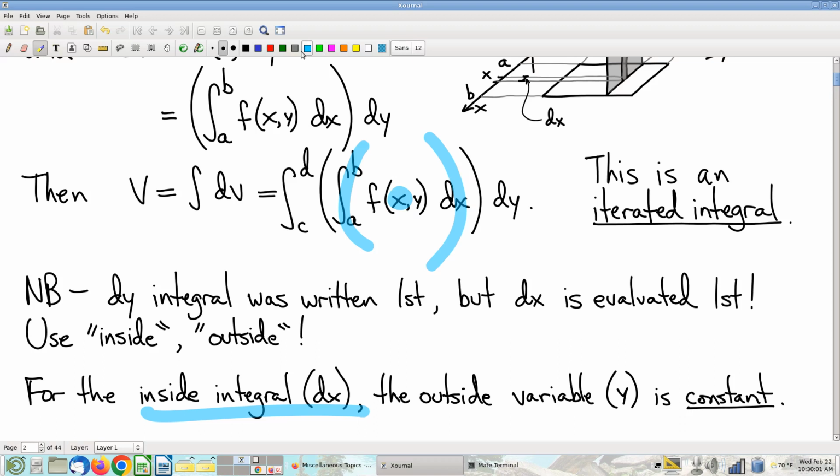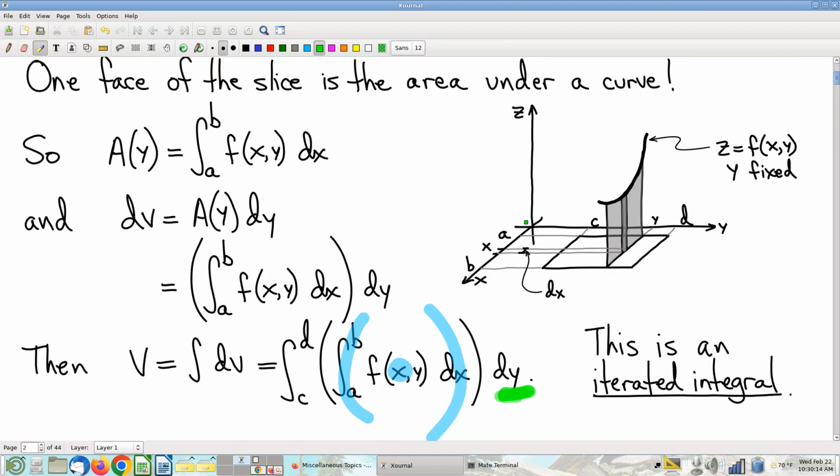But the outside variable, y: while you're doing that inside integral, while you're doing the dx integral, while you're computing this cross-sectional area, and again, make sure to remember from the picture what is actually happening, the whole purpose of that inside integral is to compute this cross-sectional area, and that's not even defined unless you agree that y is fixed for the purposes of that calculation.